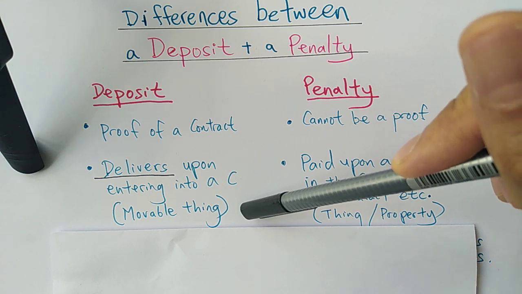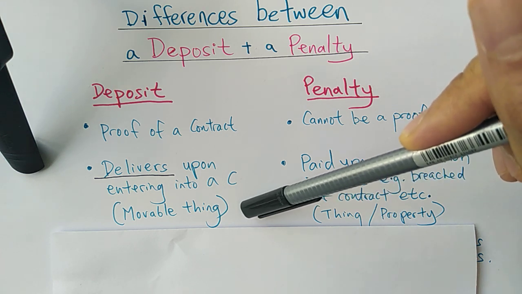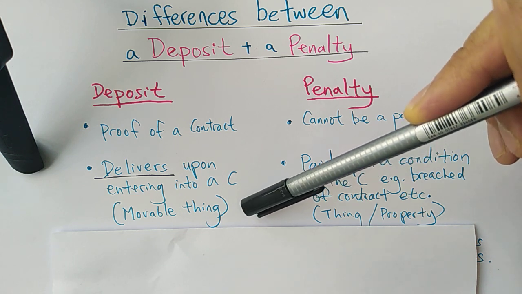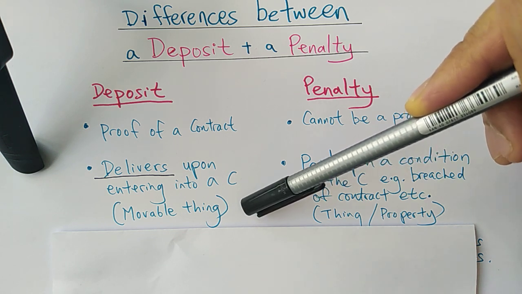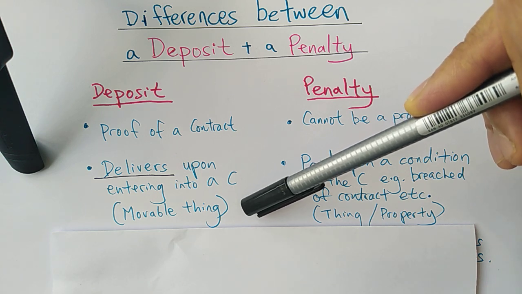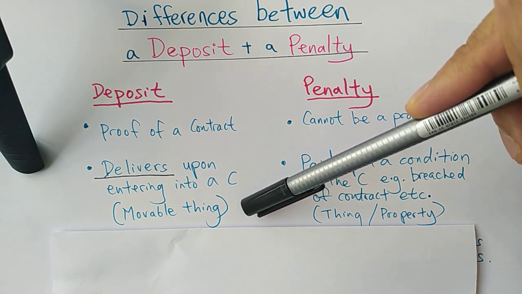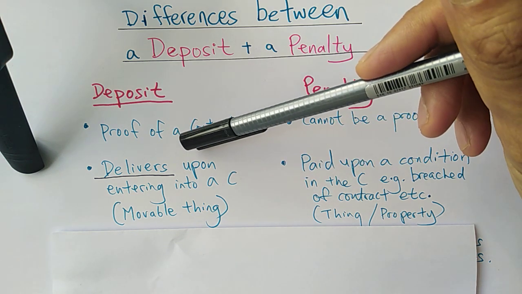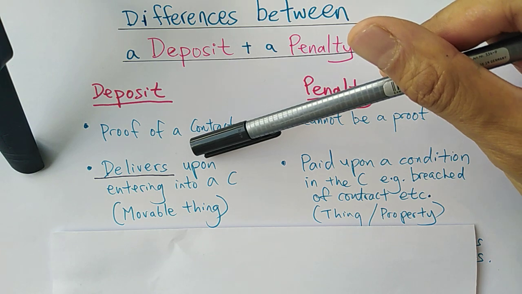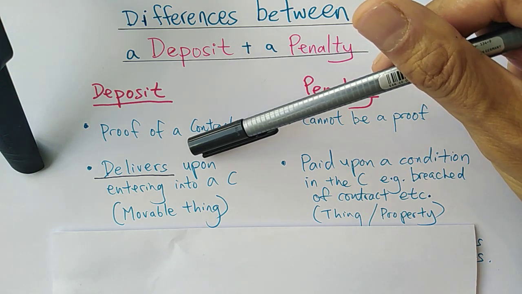It can be a chair, a table, a car, a computer. Some jewelry, some gold bar, some necklace be placed as a deposit as well. Any kind of movable thing. Of course, it cannot be an immovable thing like a piece of land or a house because the deposit must be delivered, must be placed to another party.